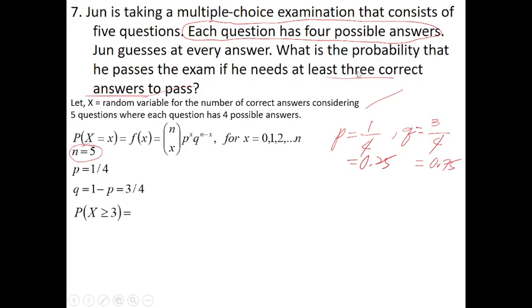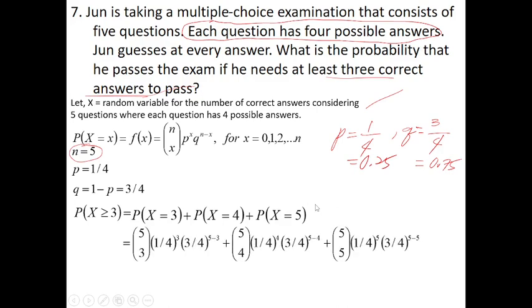And this is it. What is the probability that he passes the exam if he needs at least 3 correct answers to pass? So the probability that the random variable x is greater than or equal to 3. Setting up the solution, probability that x equals 3 plus probability that x equals 4 plus probability that x equals 5.